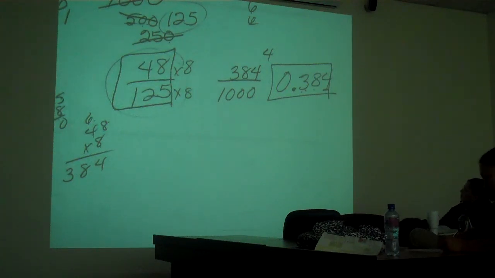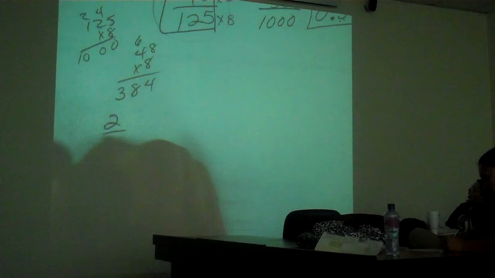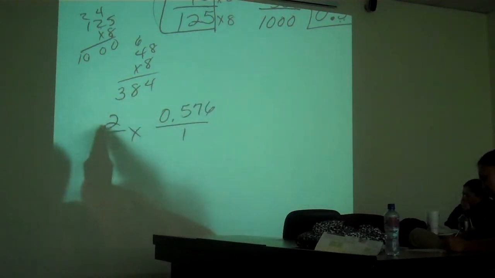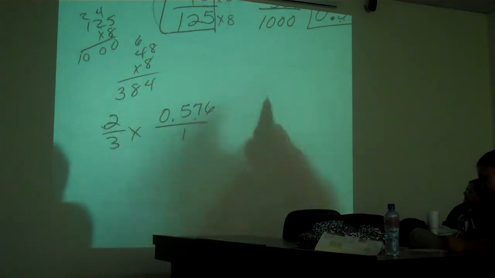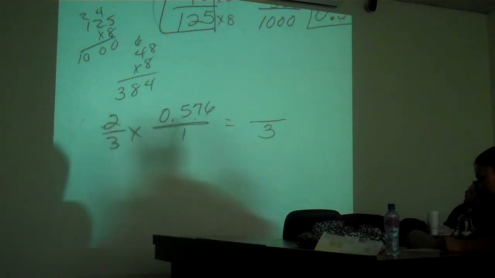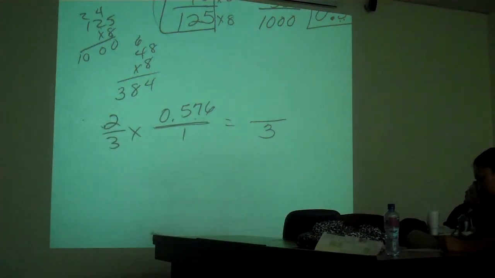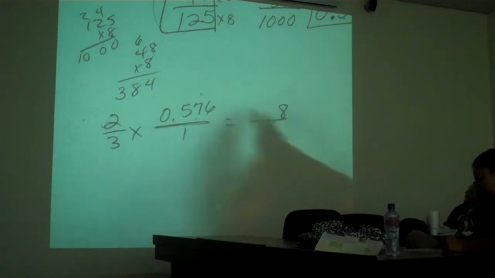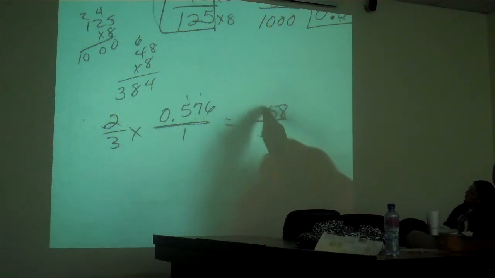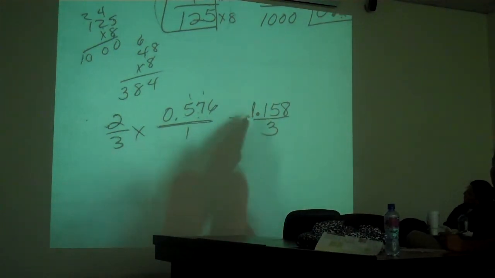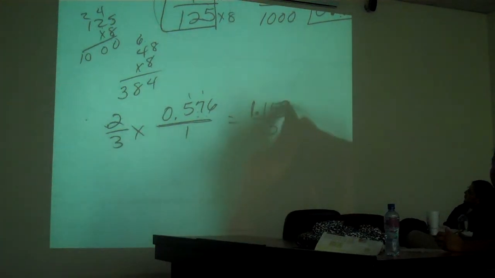Another way you could do it is you could do that 2/3 times, you could just multiply the top, multiply the bottom, just put that over 1. Say 2 times 0.576. 2 times 6, no, 2 times 6 is 12.